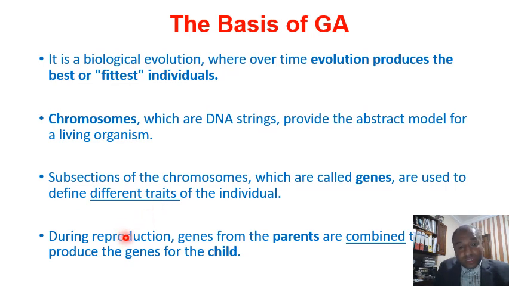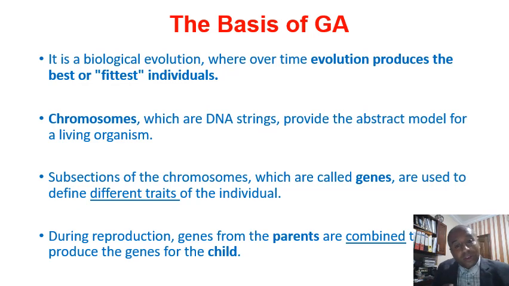In reproduction, in genetic engineering, genes from parents are combined to produce genes for the child. This means that we have individuals. These individuals are coded in chromosomes. Each chromosome represents an individual. Each chromosome consists of genes.